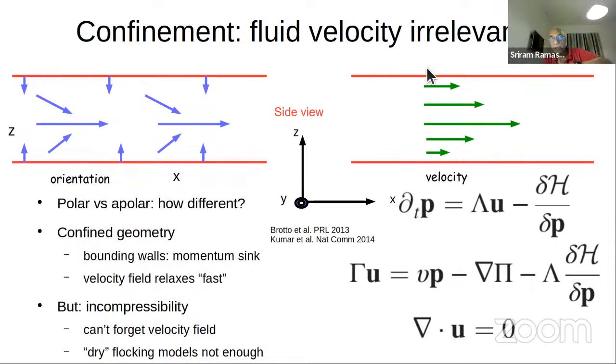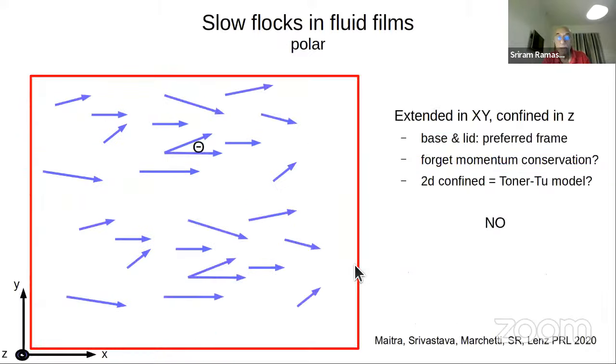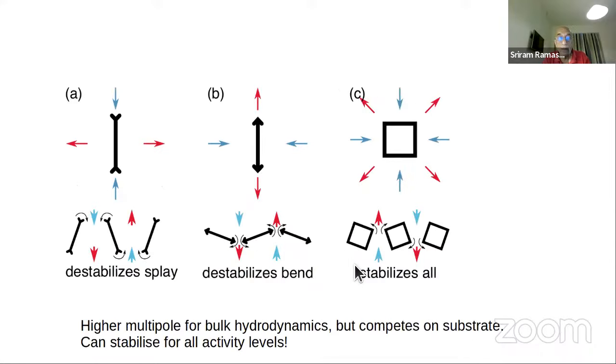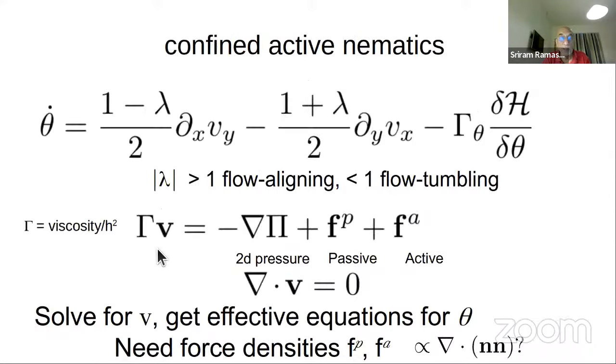The difference between the negative value of del v by del z here and the value here is some number which is proportional to the center line velocity divided by the thickness. And so you will get a term of this form with a coefficient equal to viscosity divided by thickness squared for the effective gamma. This term gamma v comes from writing viscosity times del squared v, integrating over z and dividing by the thickness.